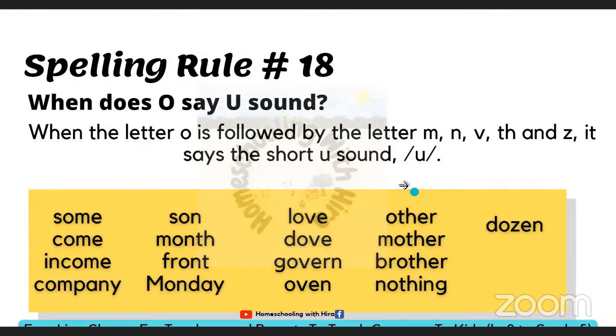This is just a tip. In common words, it follows this pattern, but you may find words in which this rule, it's not actually a rule. It's just a tip to read these words properly or remember these words, that in these words O says u. You may find other words in which O doesn't say u.